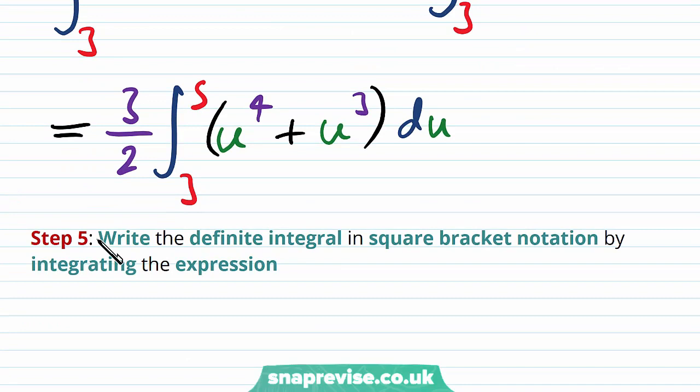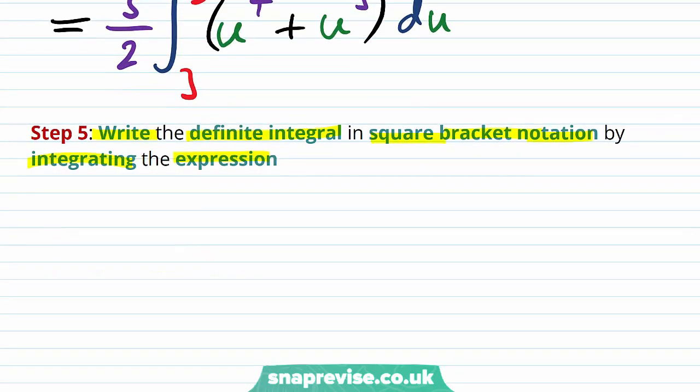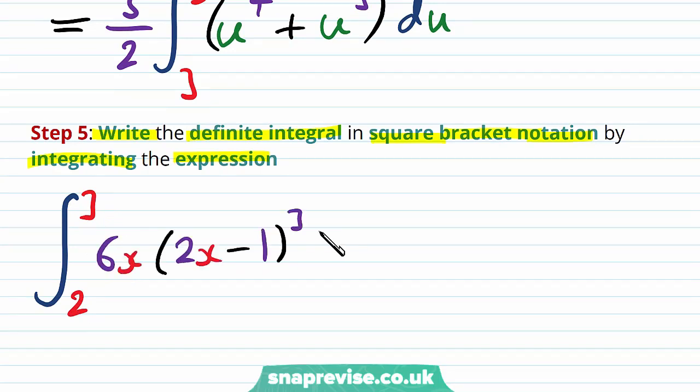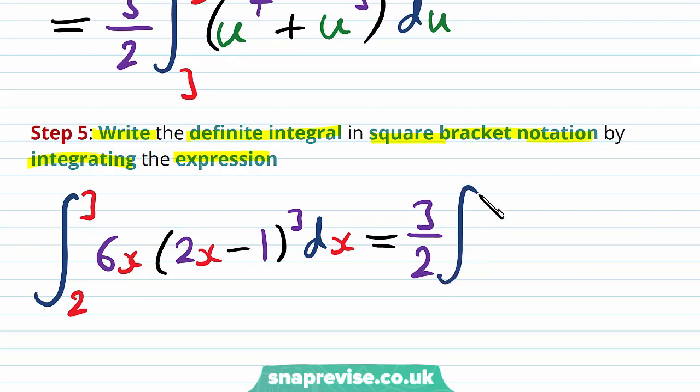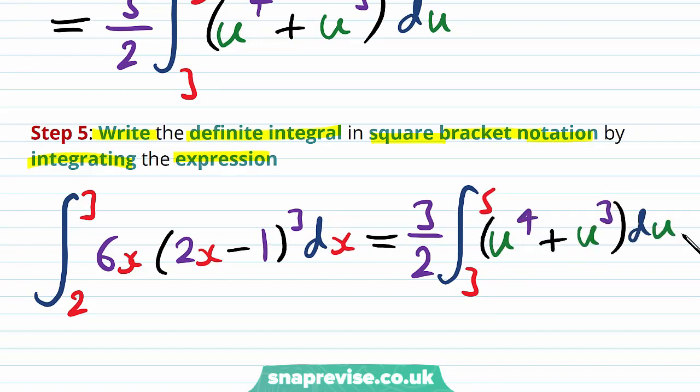The fifth step is to write the definite integral in square bracket notation by integrating the expression. So again, originally we were integrating between 2 and 3, 6x multiplied by (2x minus 1) all cubed, and of course a dx. We've now transformed this into 3 over 2 multiplied by the integral from 3 up to 5 of u to the power of 4 plus u to the power of 3 du.